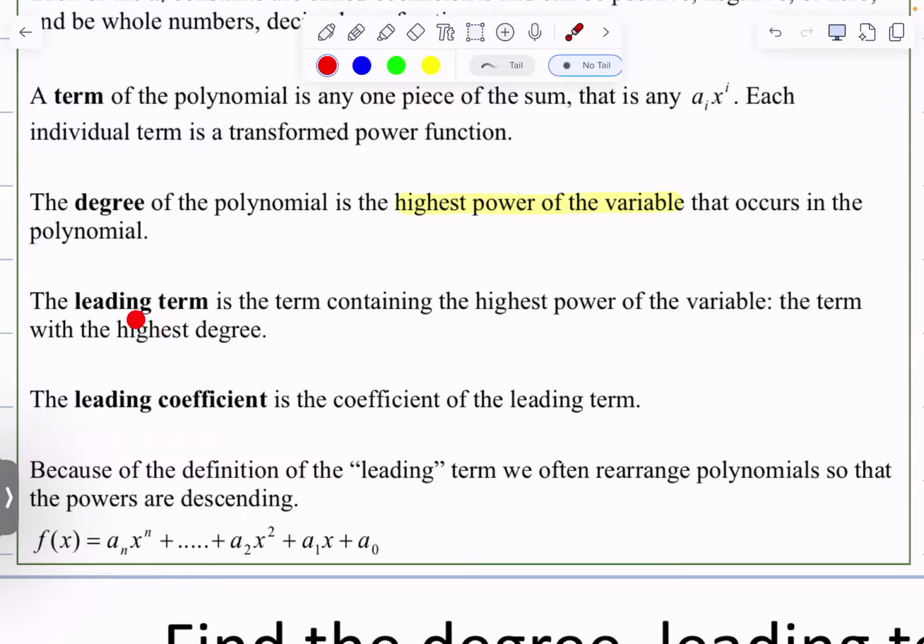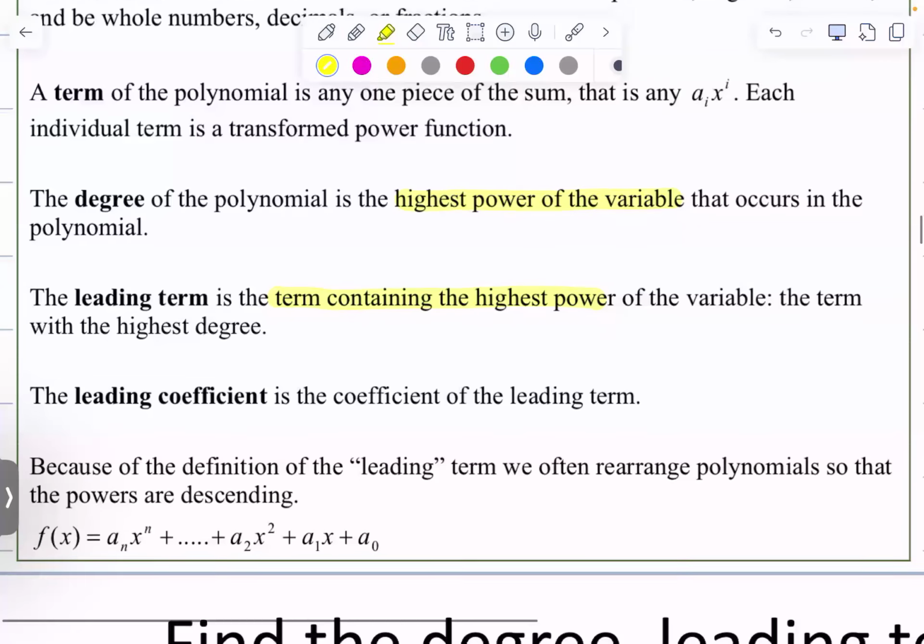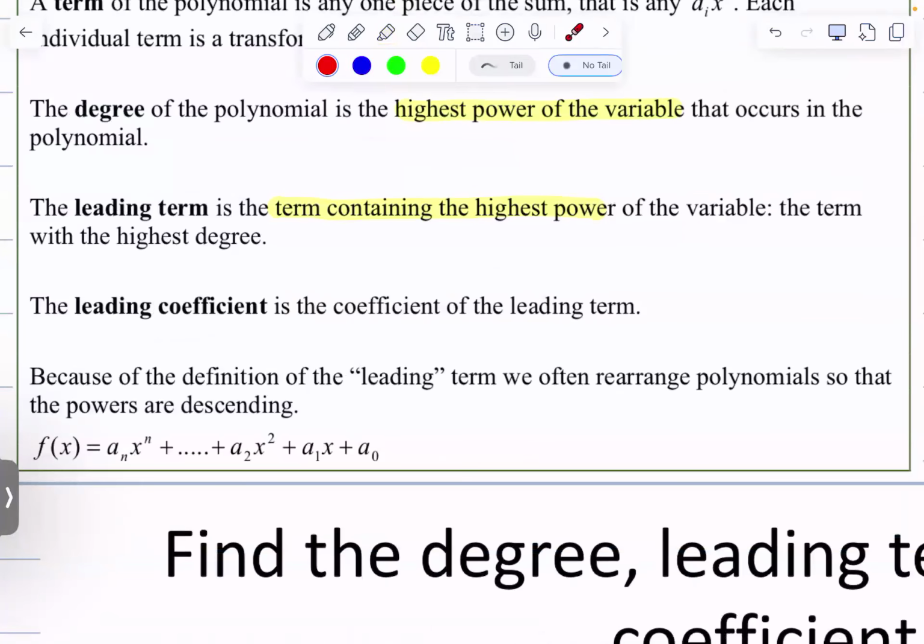The leading term is the term containing the highest power. Everything is linked to the highest power of the polynomial, so it's the term with the highest degree. The leading coefficient is the coefficient of the leading term, that a.